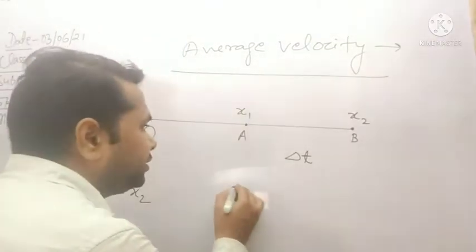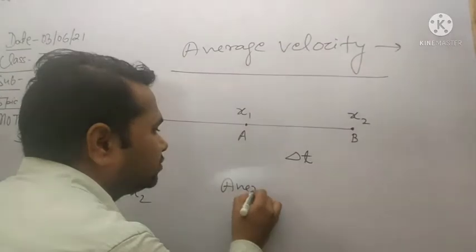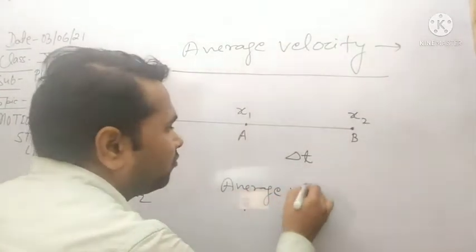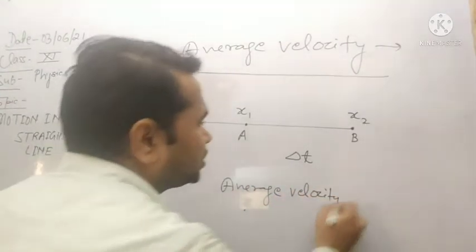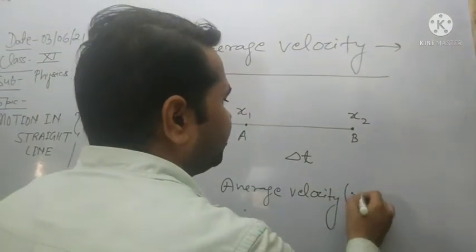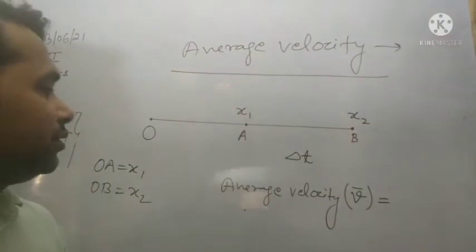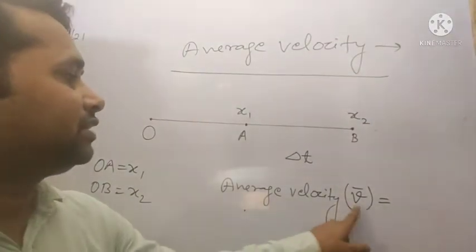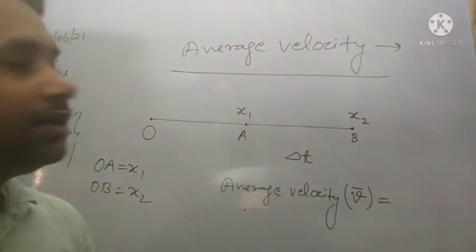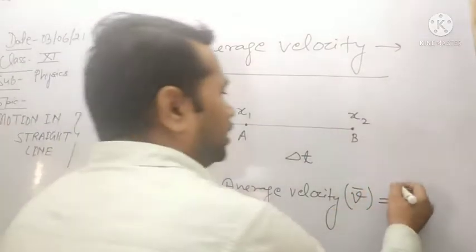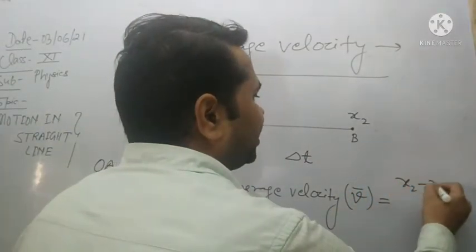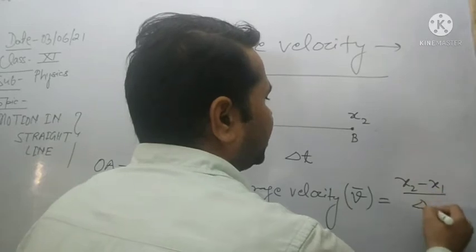Now we will represent the average velocity by the symbol V bar, and it equals x2 minus x1 upon delta t.